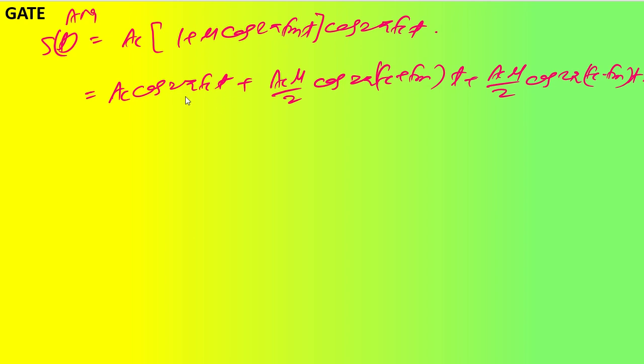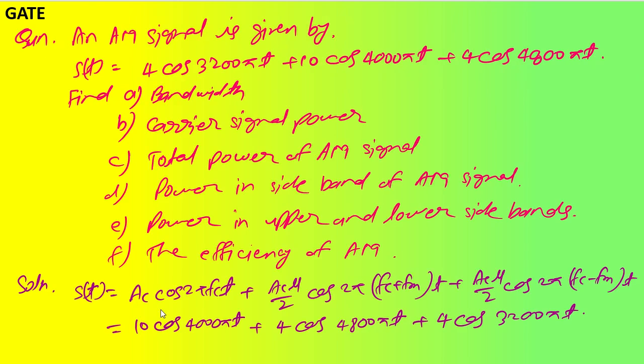If you compare this with the given question, I have just compared it here. You can see fc plus fm will be the maximum frequency and fc minus fm will be the minimum frequency. So the maximum is 4800 and the minimum is 3200.